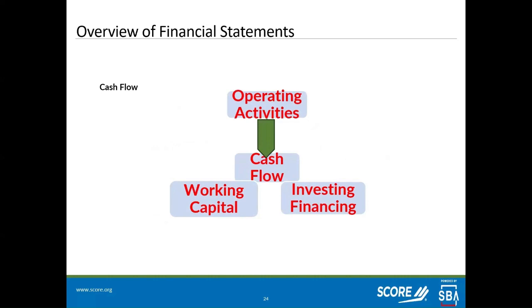The last statement is the cash flow statement, and we'll look at a very basic chart here that feeds into cash flow or cash balance. The first is operating activities, and that's basically the income statement that we just looked at. So that would be a summary of my operating activity for the year, and the net income after tax would be cash positive, and that would come from operating activity.